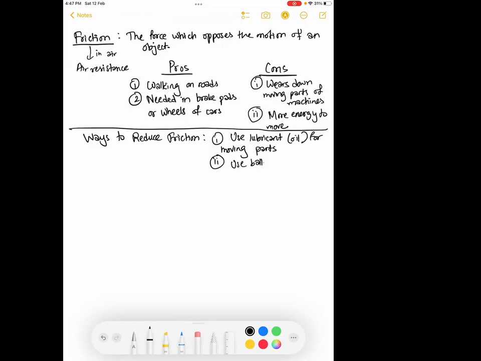Number two, use ball bearings between moving surfaces. Or you could say have smooth surfaces, so a surface can be made glossy just to reduce friction. That's it. These three are the different ways to reduce friction.